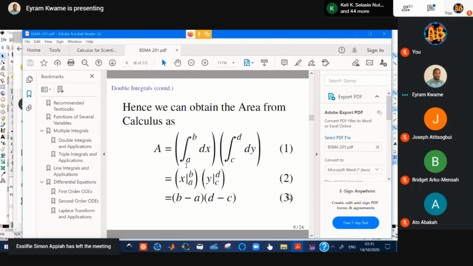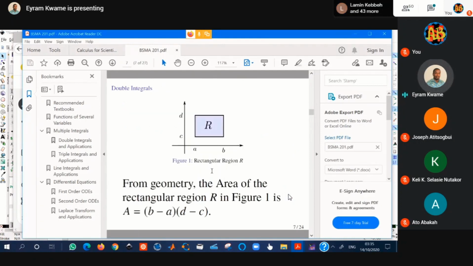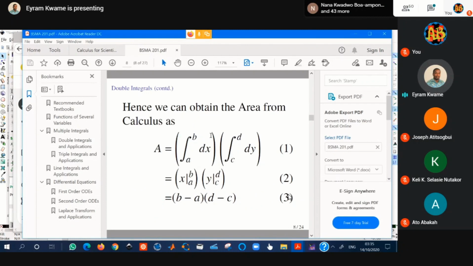Integrate 1 from A to B with respect to x, and once I evaluate x, I get B minus A. So from calculus, I can obtain this area formula for the rectangle.